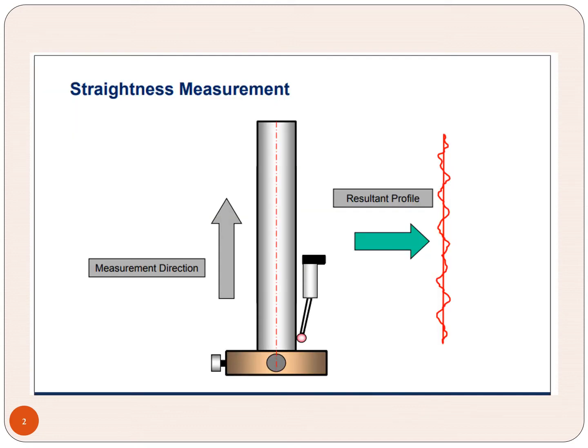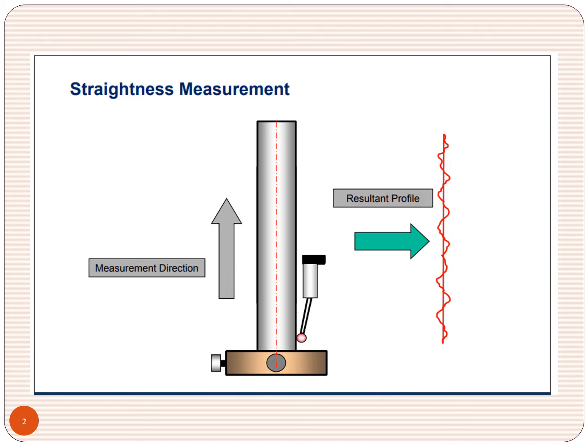If you look at this slide, this is a straightness measurement. We are thinking that whatever we are turning from the lathe or from the milling or from any machine tool will be of good straightness. But if you look at the workpiece, it looks straight, but actually it may have some errors. The profile may be slightly up and down.